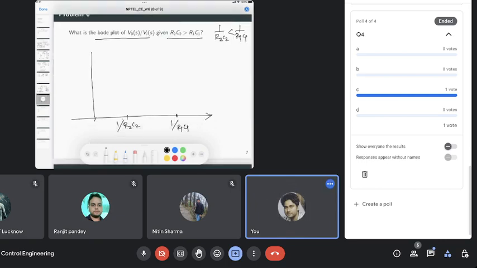And what should be this value? Can anyone say?